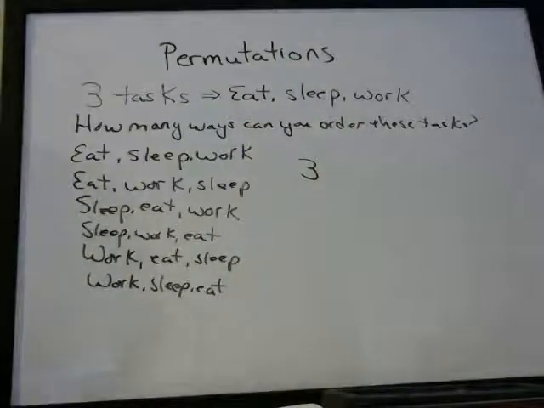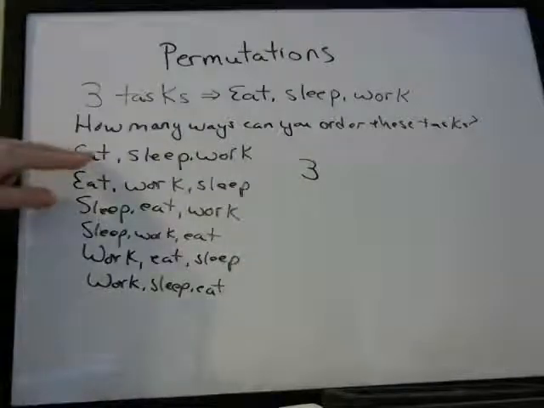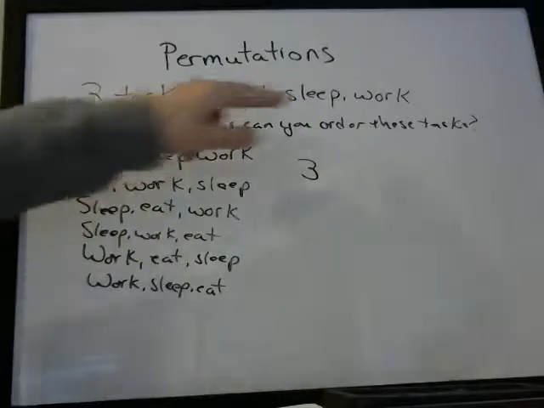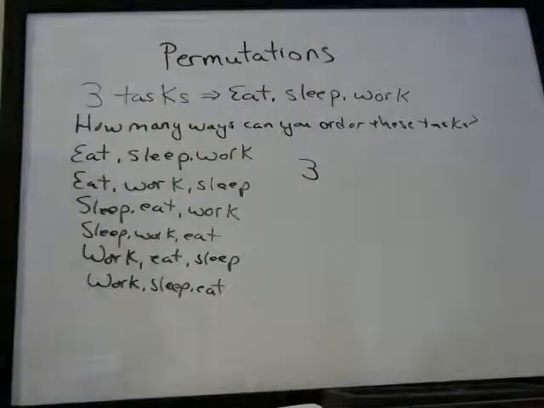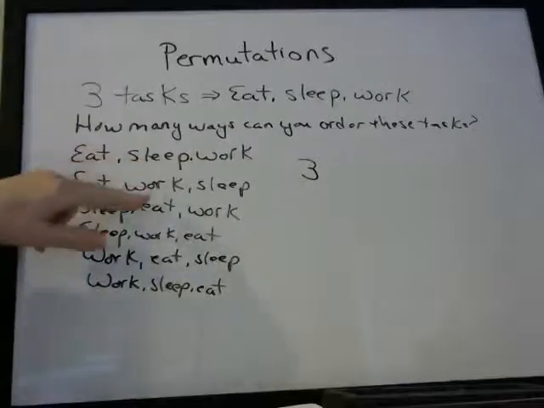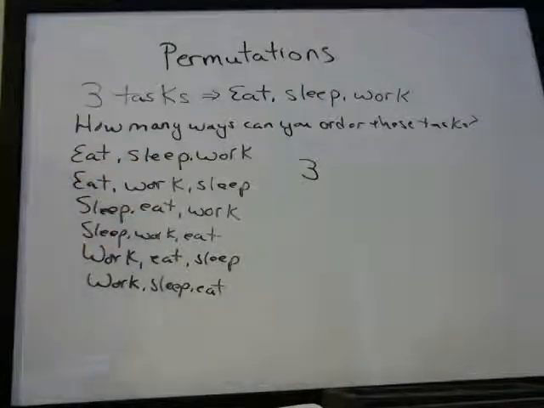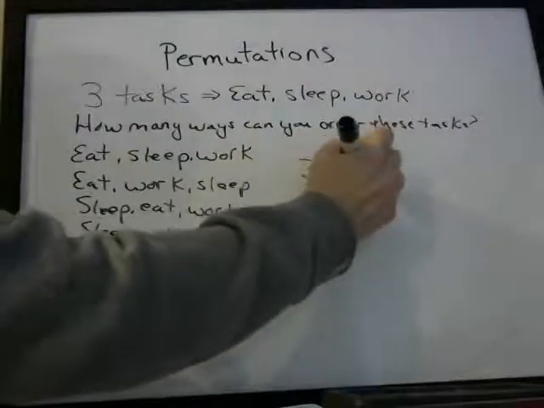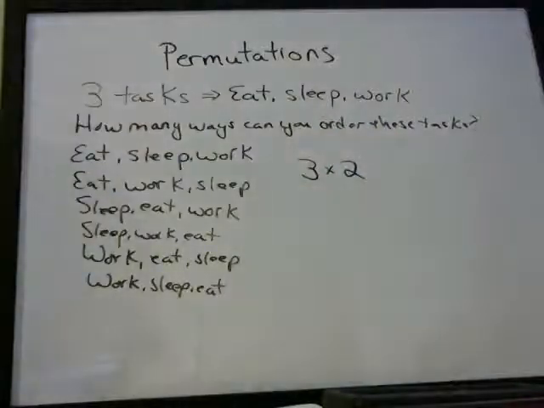There's 3 different possibilities for that first task. But once we've chosen that task, so once we choose to eat, for our second task, there's only 2 we can choose from. We've already eaten, so now we only have 2 things to choose from. We can either sleep or we can work. Then once we've chosen our first and second tasks, there's only 1 task left, so there's only 1 possibility.